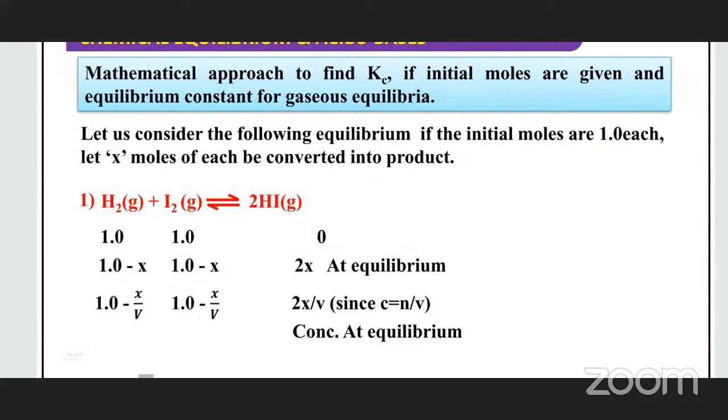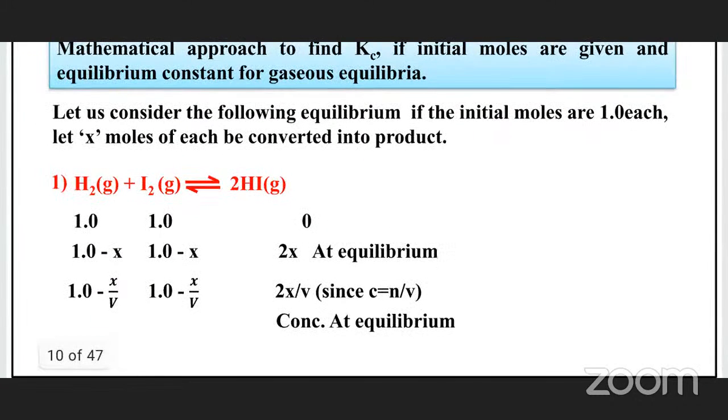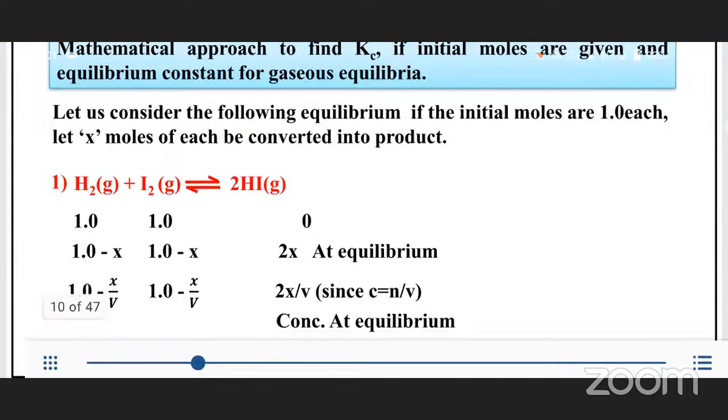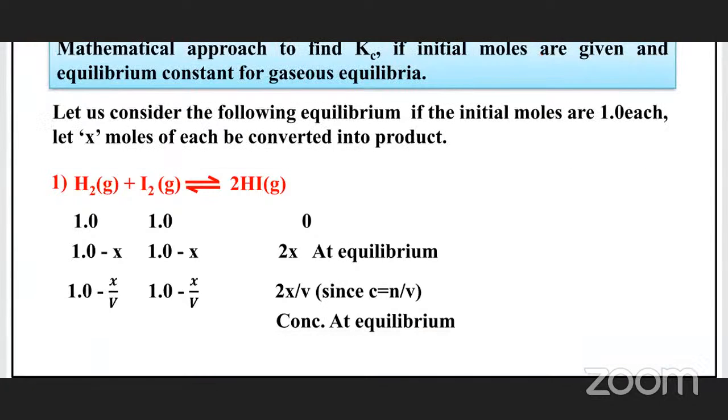Example: H2 plus I2 gives rise to 2HI. Initial concentration of reactants is 1 and product concentration is 0. At equilibrium, H2 is 1 minus x, I2 is 1 minus x, and product is 2x.